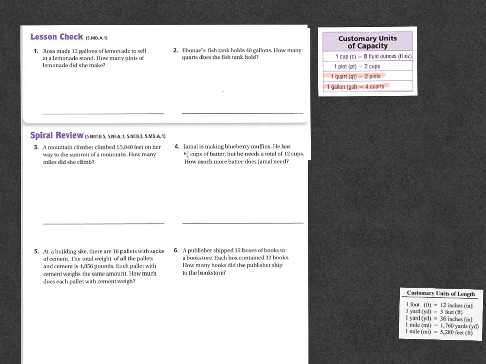Okay, so here is where you would change from gallons to quarts. So you would take your gallons and multiply it by the 4. 4 times 2 is 8. 4 times 1 is 4.